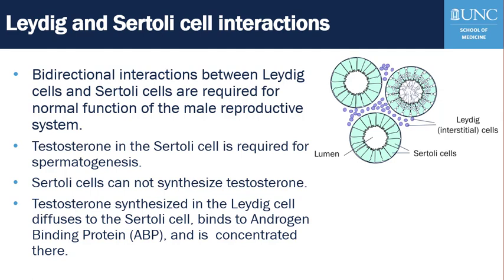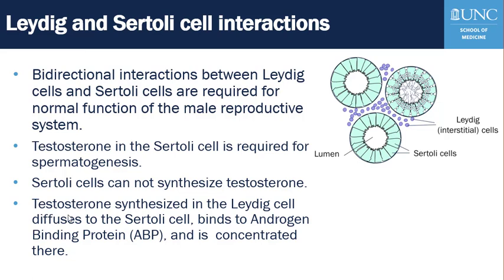So we've said that spermatogenesis happens in Sertoli cells and that testosterone is absolutely required for this process. However, Sertoli cells don't have the enzyme that's required to synthesize testosterone, so they can't make it themselves.